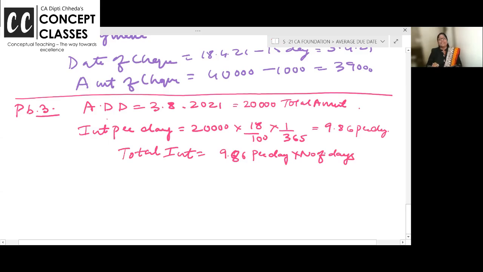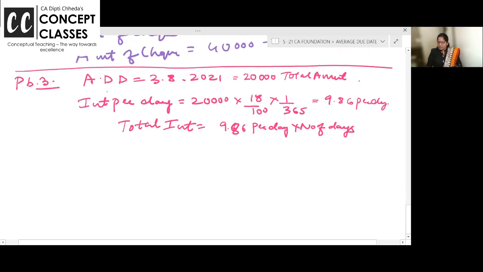Is this logic clear to all of you? Total interest is 9.86 per day multiplied by number of days. So 150 is the total interest, 9.86 multiplied by number of days. So what is the number of days? 150 divided by 9.86.